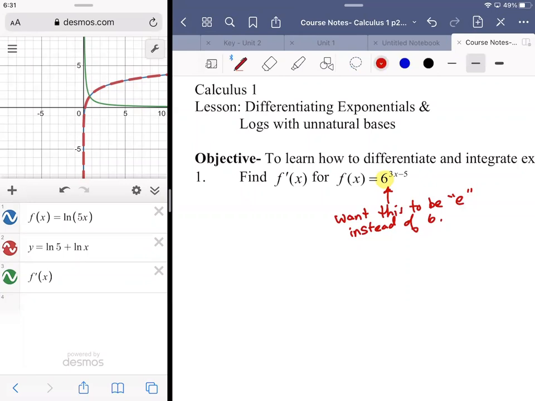So what I'm going to do is write an equation, e to some unknown power, and you can use whatever variable you want for this. It doesn't make a difference. We tend to use u for this sort of thing. So that's what I'll say: e to the u is equal to 6, solve for u.